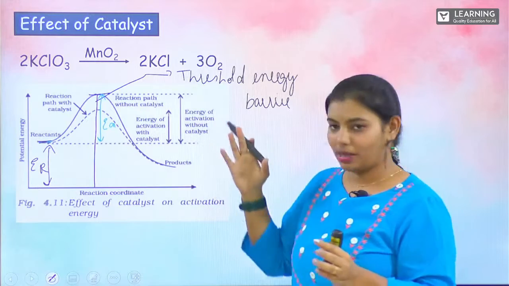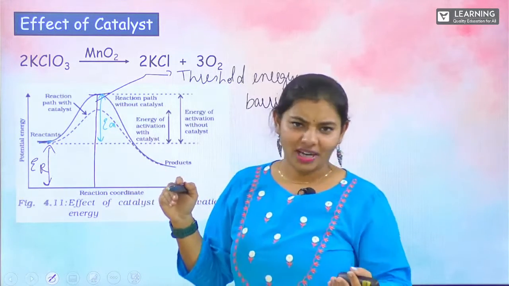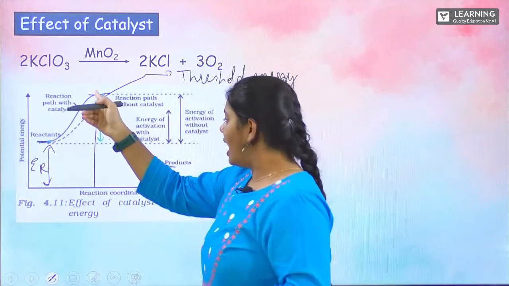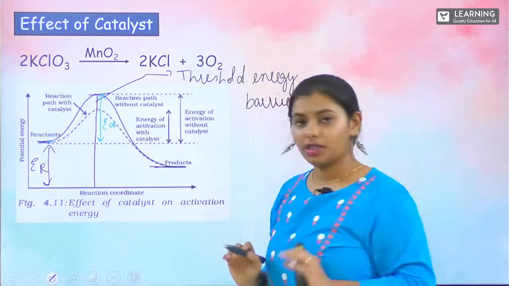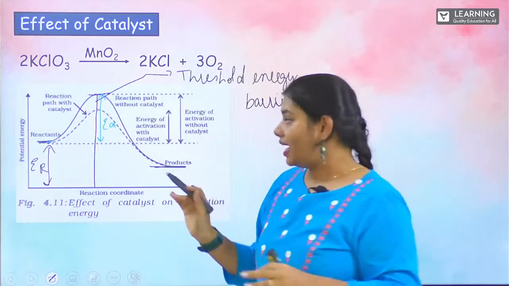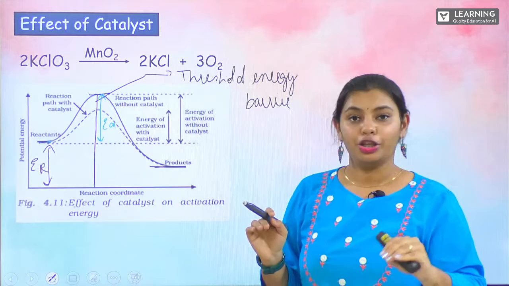The reaction process is going to take place. We are going to provide a certain amount of activation energy. It needs to cross this particular threshold energy barrier, and then it's going to form the product, which is here. So this is the pathway where the catalyst has not been utilized.